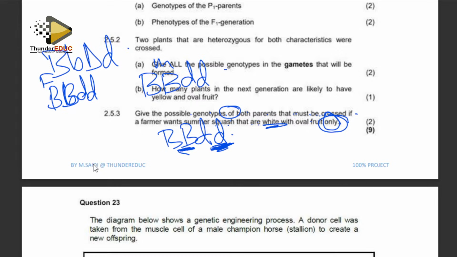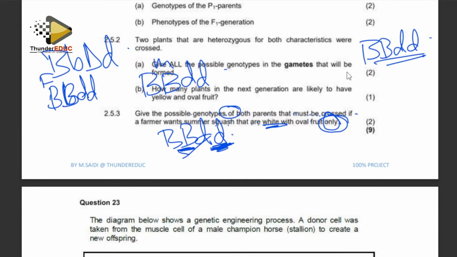Thank you for trying. Someone said capital B small d and capital D small d. Yes, even that one can be. So it's gonna be capital B, small d. That's one, or both of them are supposed to be like that.